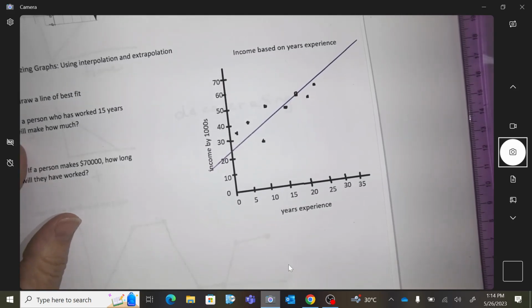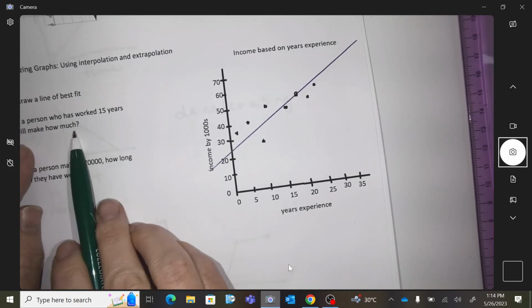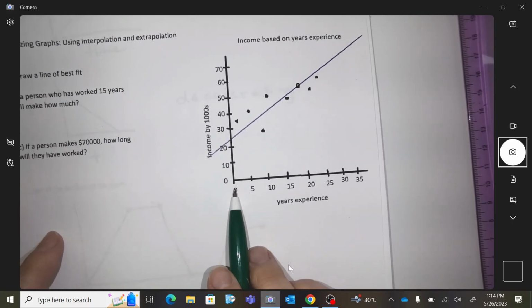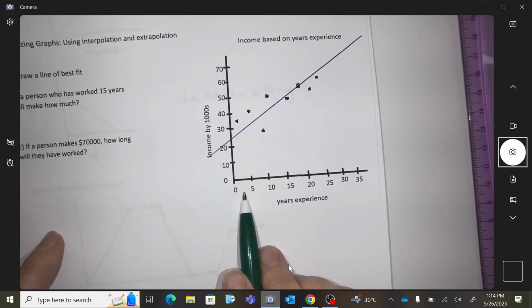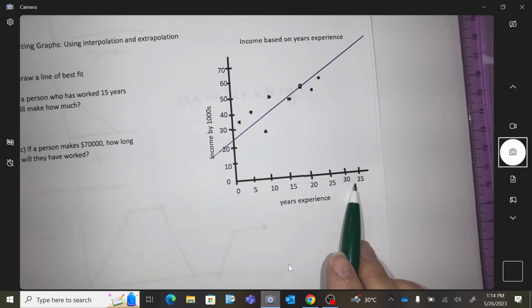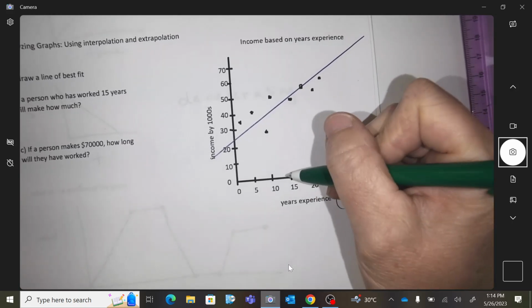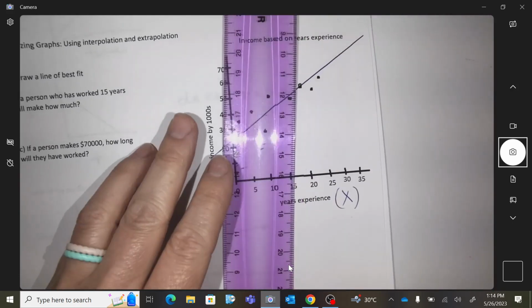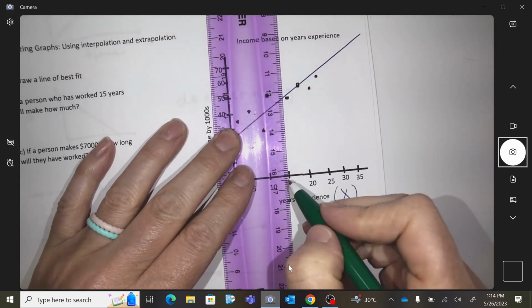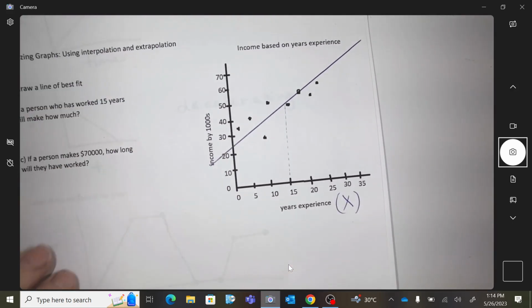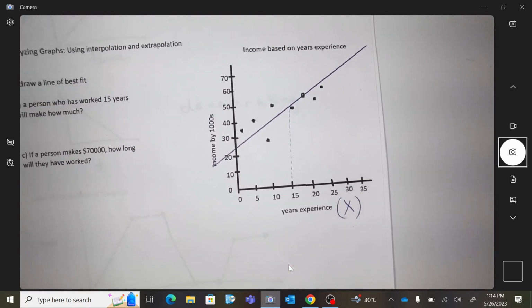Okay, now using my line, a person who has worked 15 years is going to make how much money? So what I do is I go to 15 years, which is on the what axis? The x-axis is the years. So 15 years. And I'm going to kind of visualize that.